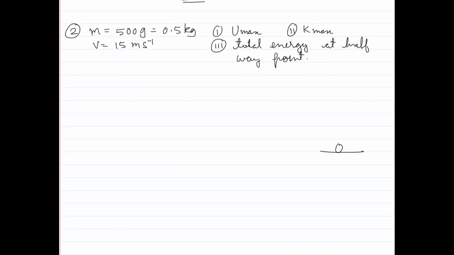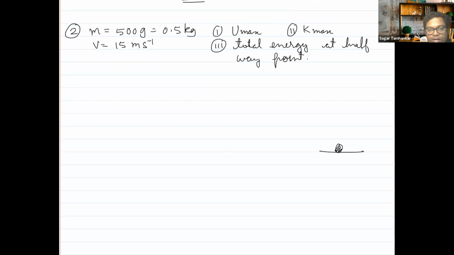So all answers are same only, right? Yeah. Here you will have kinetic energy maximum, that means potential energy will be zero. Here you have potential energy maximum. And everywhere total energy will be same.